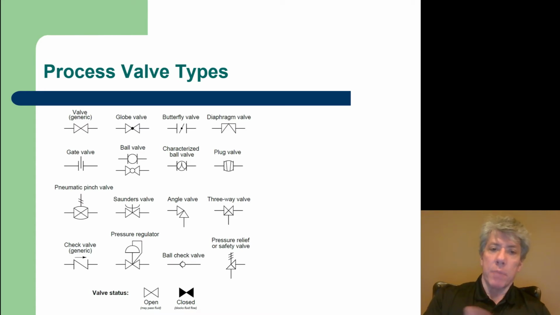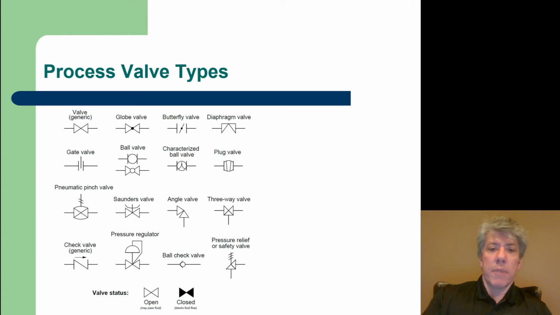You see examples of ball valves there. You may have dealt with some. A globe valve is another common type, and then butterfly valves. If you have ever had a car that had a carburetor in it, then you probably had a butterfly valve in order to control the throttle. Even if it didn't have a carburetor, all the engines I know of still use a butterfly valve to control the airflow into the engine.